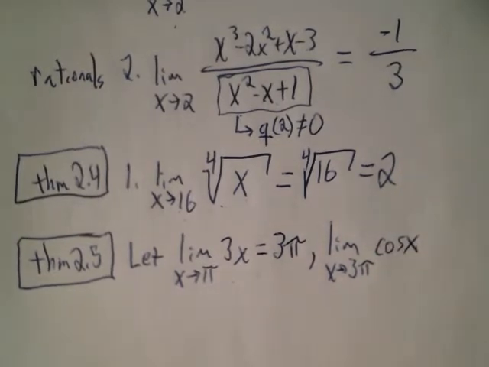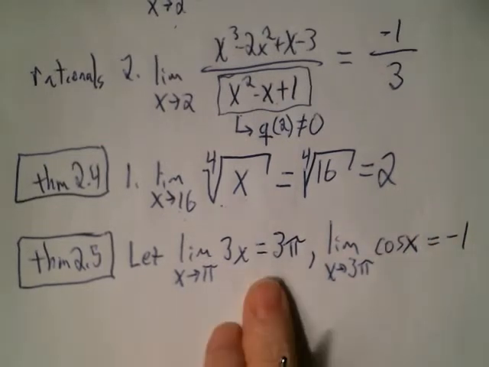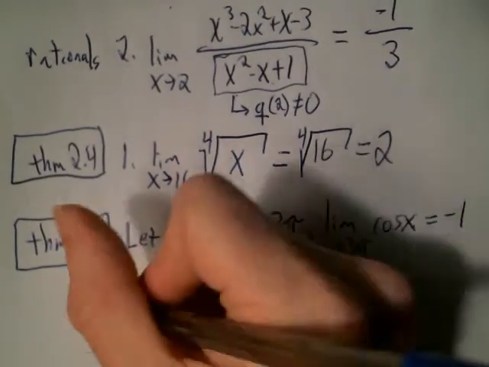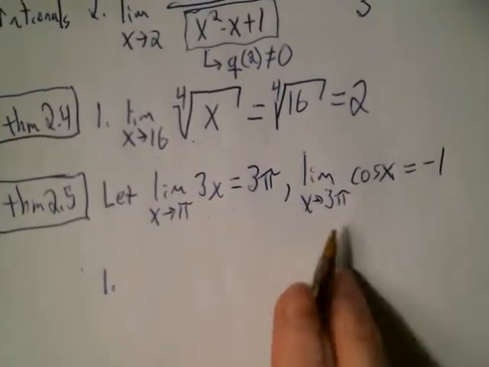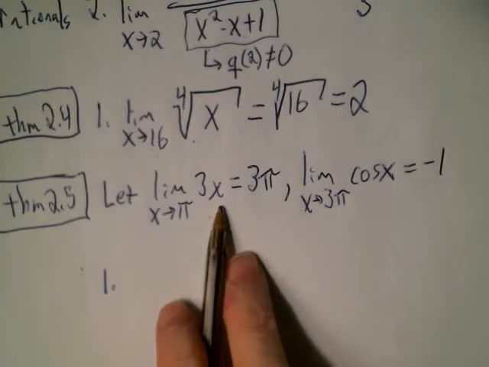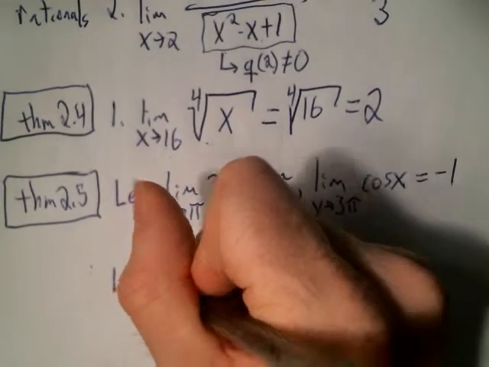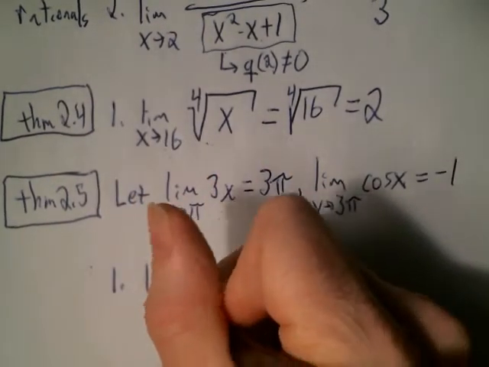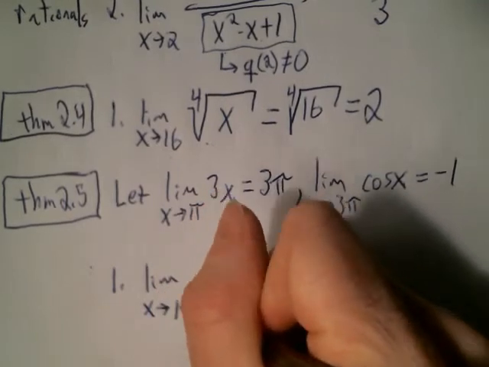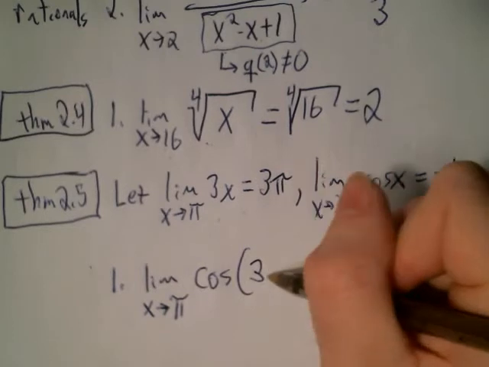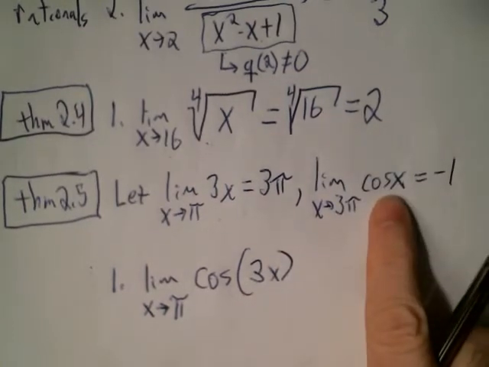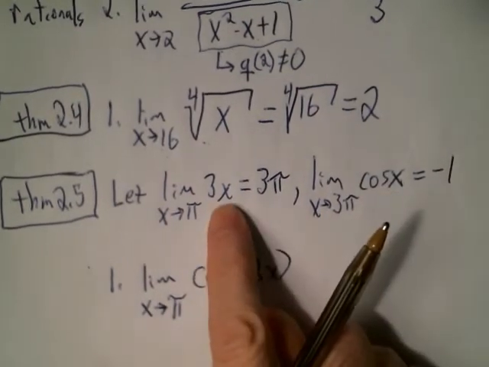In other words, the outer part of my function, which I'm going to define here in a second, is defined at the place where this is going. If that's all true, then we can do a composition of cosine of 3x, and then consider where the limit goes as x goes to pi, right? So the cosine of 3x is a function of a function.